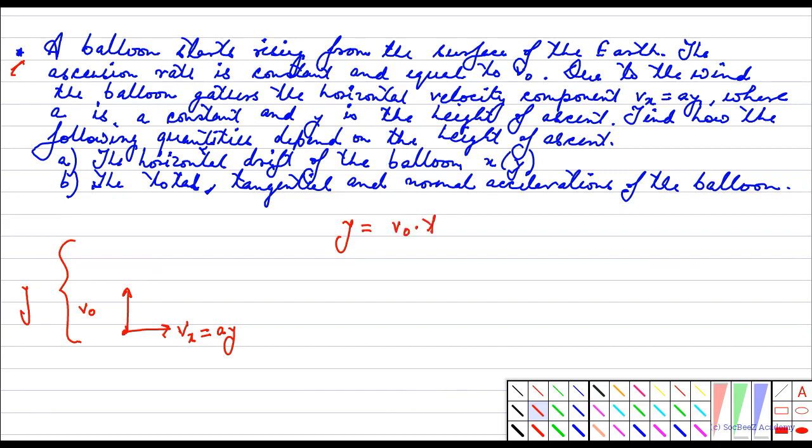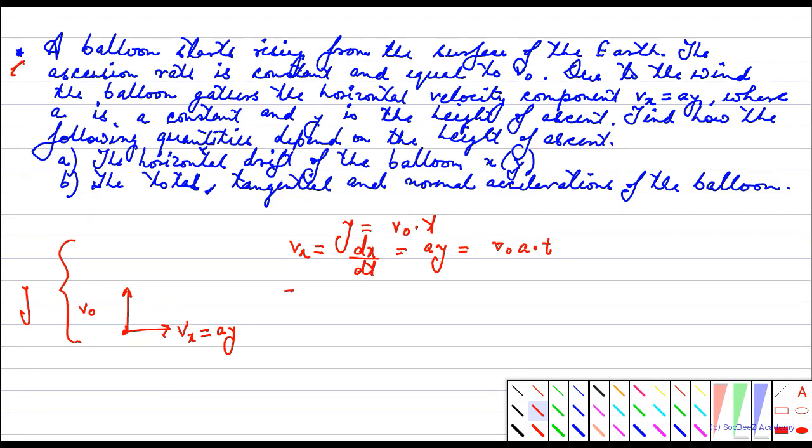And vx is nothing else but dx by dt. This is vx, and this has been given to me as a into y, and y can be replaced by v naught into t. So I get this equation as v naught into a into t. So this is basically my dx by dt.